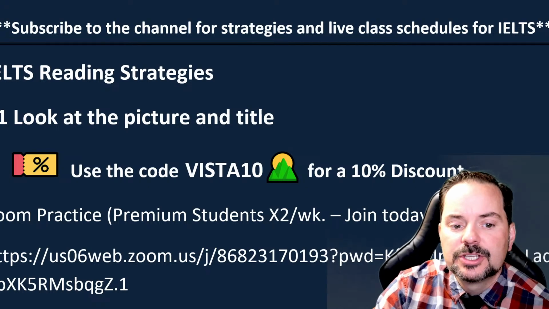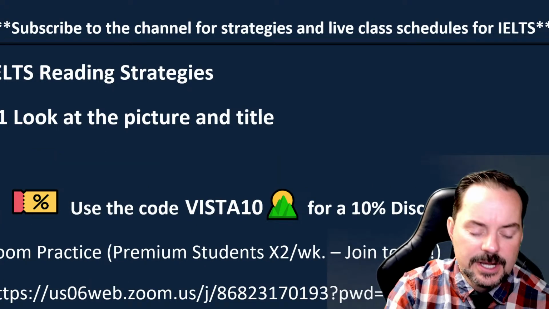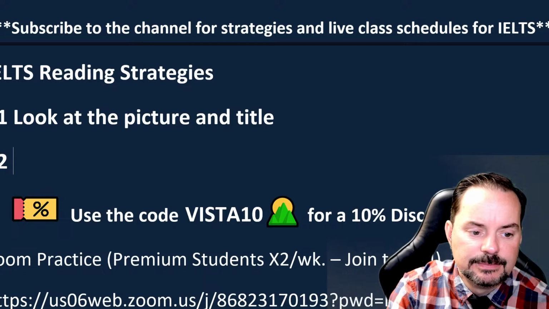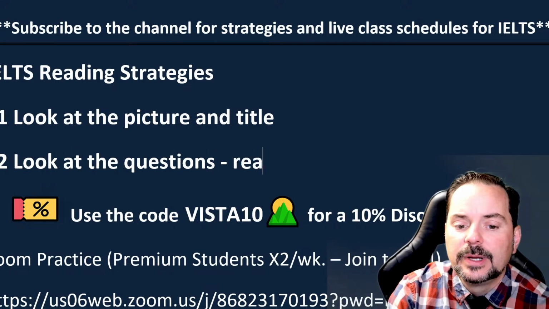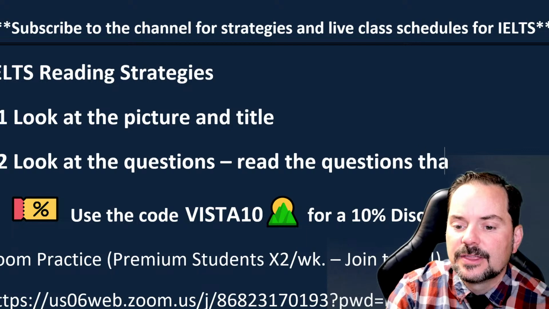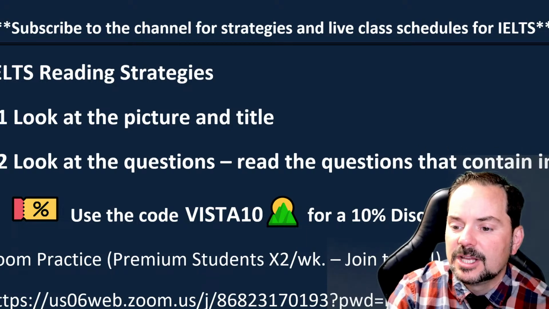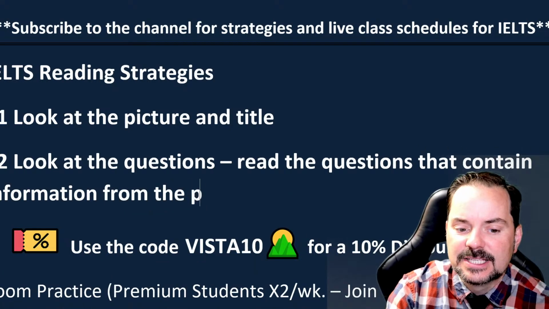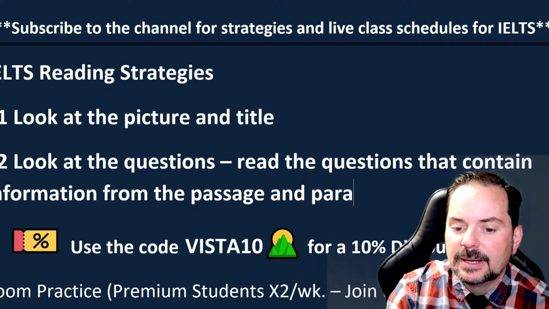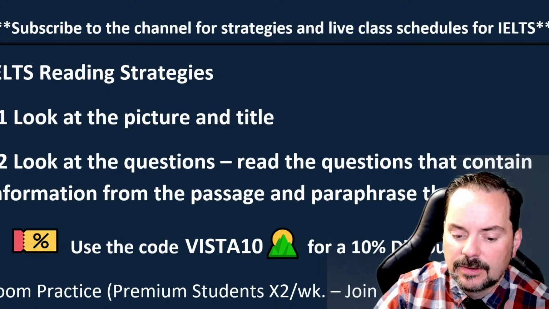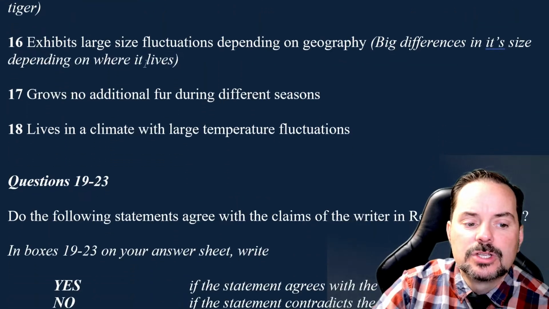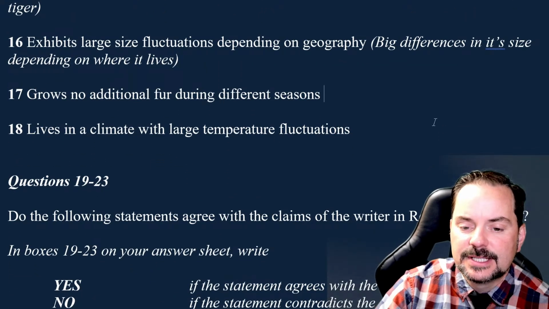So look at the picture, the title, then number 2, look at the questions. Read the questions that contain information from the passage and paraphrase these. So number 17, grows no additional fur during different seasons.